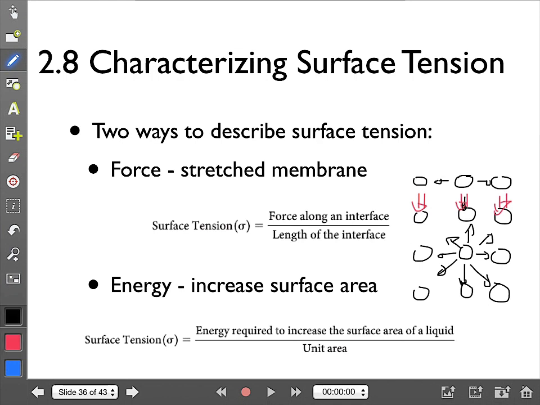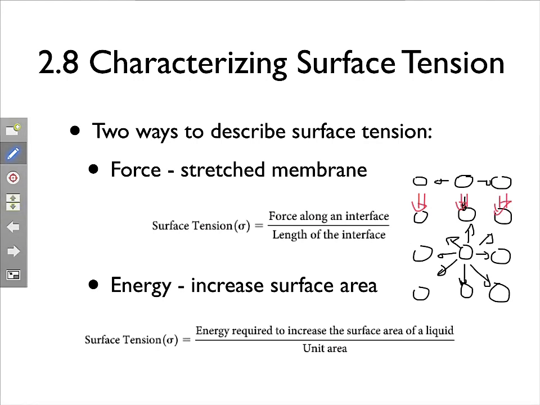We can describe that phenomenon as surface tension, and we can do it either as a force per unit length along that interface, or we can think of it as an increase in the surface area and the energy required to increase that surface per unit area.